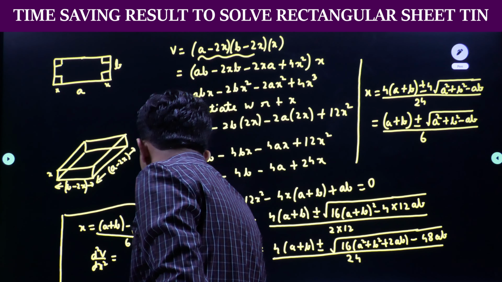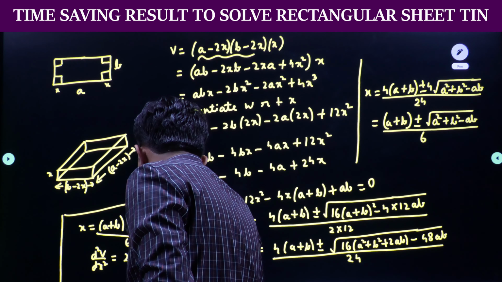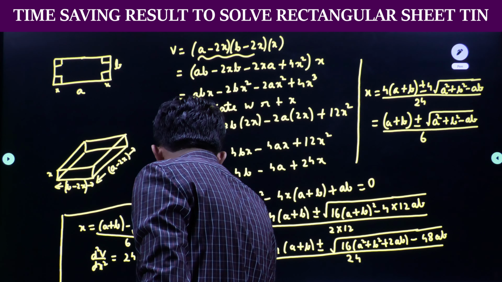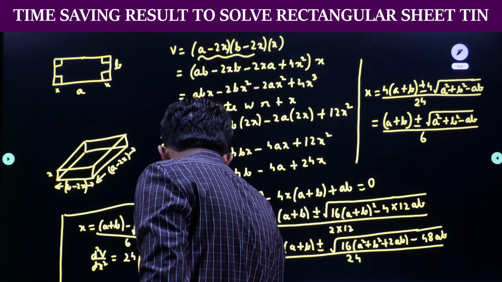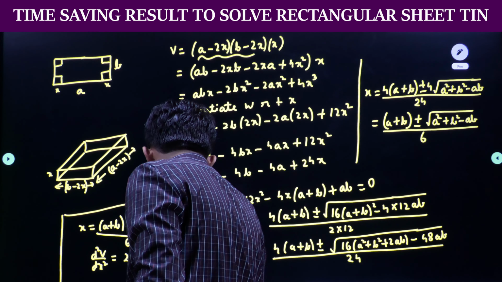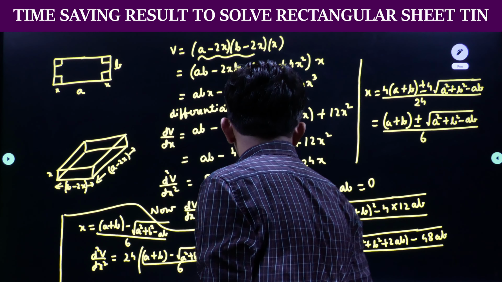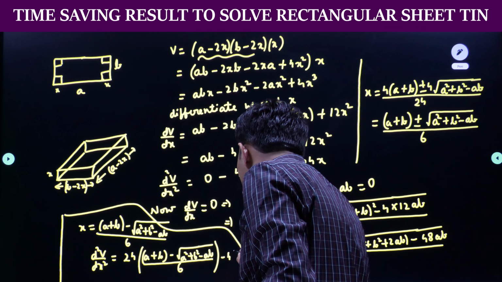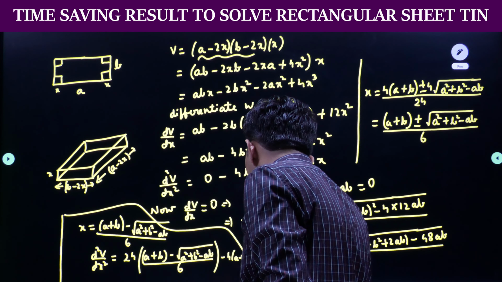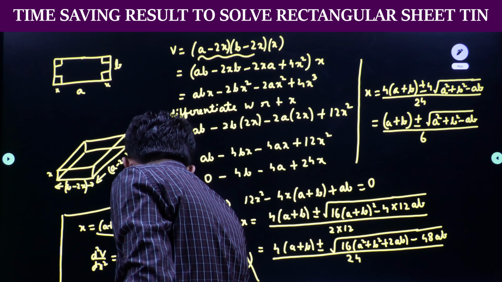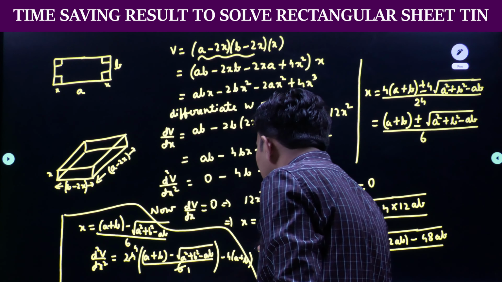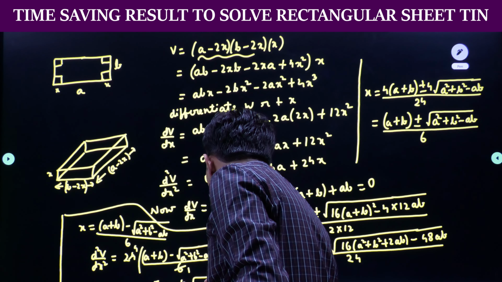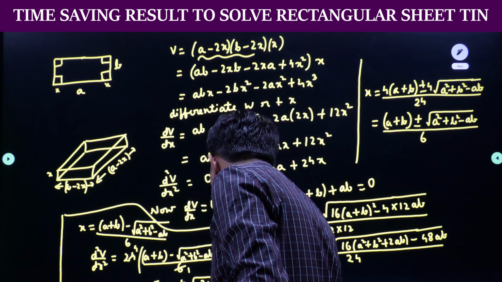That is 24x. 24 times x value, a plus b minus root of a square plus b square minus ab divided by 6. Correct? 24 into x minus 4 times a plus b. So 6 1s are, 6 4s are. 4 times a plus b minus 4 times a plus b is going to cancel. What I am getting is minus 4 times root of a square plus b square minus ab.